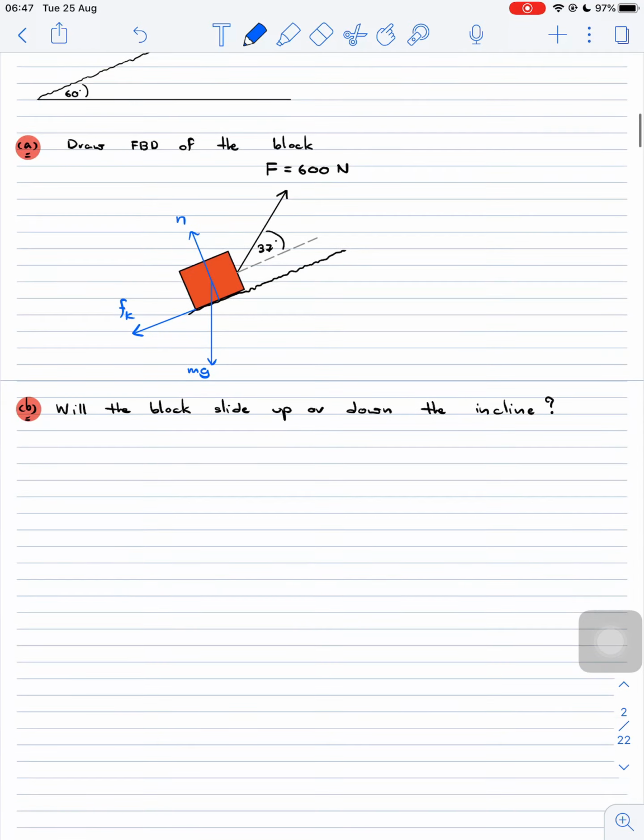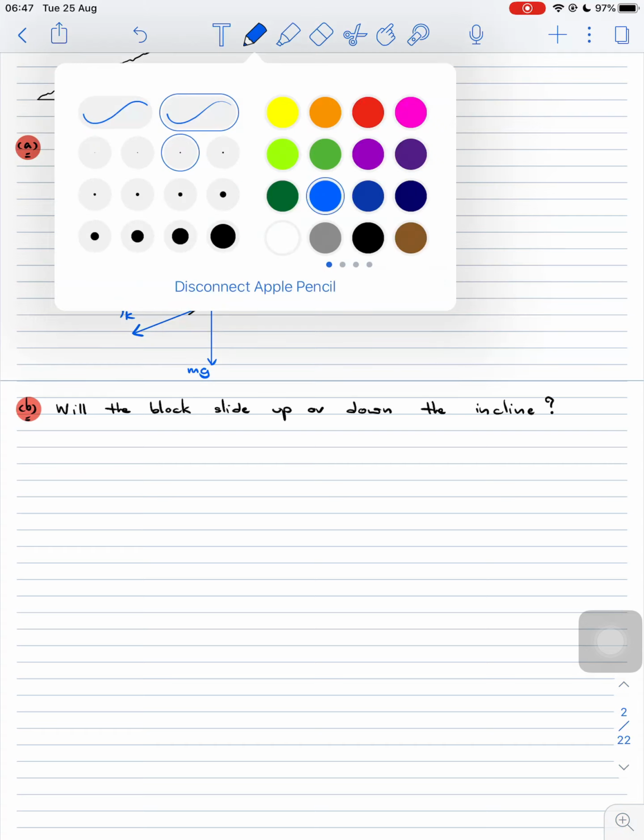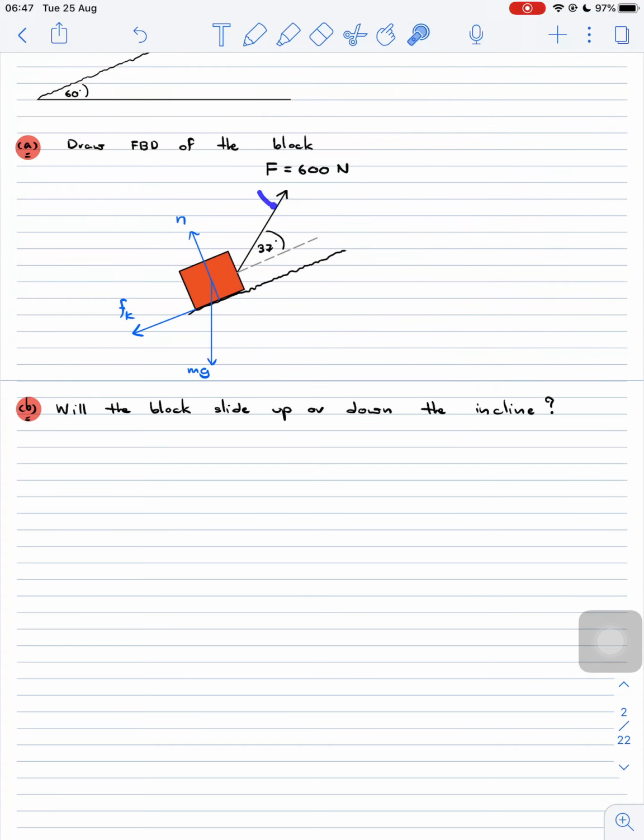So how? We need to break the force, this F, and the mg into components horizontal and vertical to the incline.